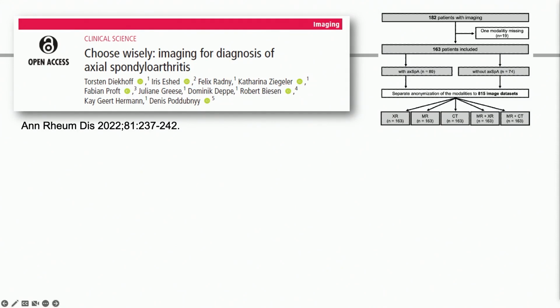So we scored first all X-rays, then all MRIs, then CT, then a combination of MRI with X-rays, and finally MRI with CTs. And the outcome of each of those readings was the presence or absence of imaging findings compatible with spondyloarthritis. The gold standard was the diagnosis of SPA done by a physician.